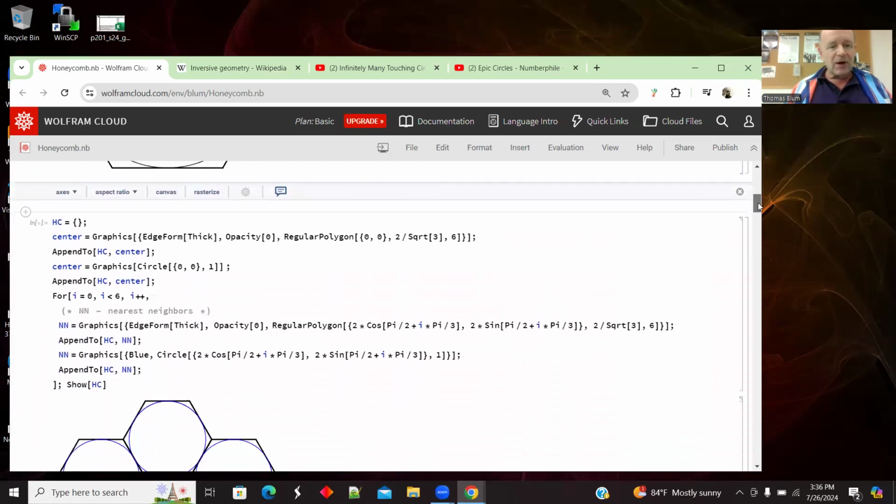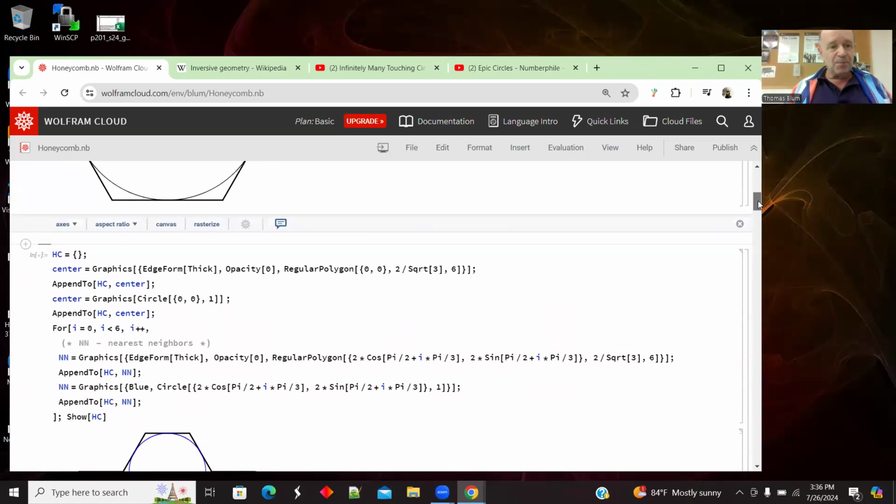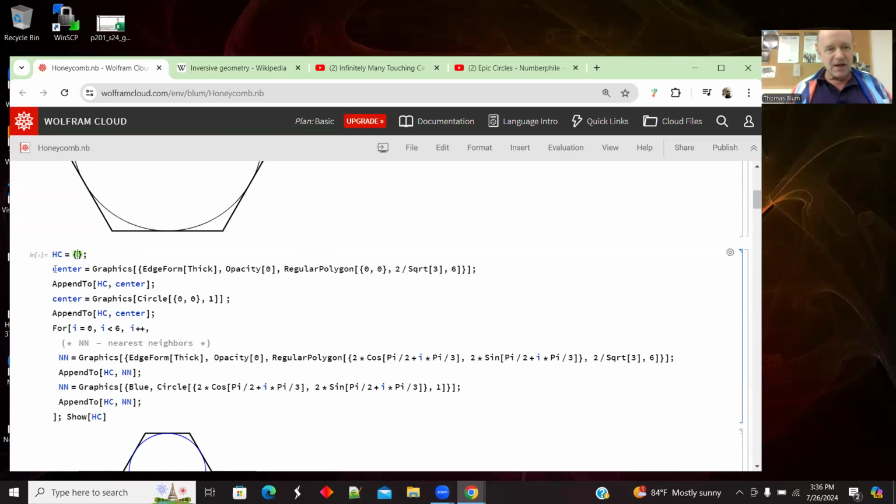Now I want to start to make my honeycomb. It's going to be a list of graphics objects, and then I'm going to show them at the end. So in the beginning, I start off with an empty list.